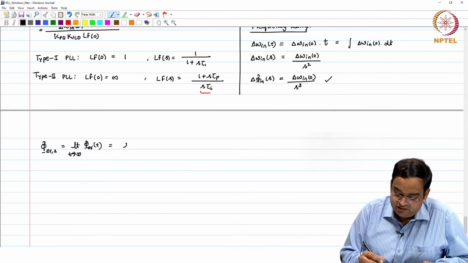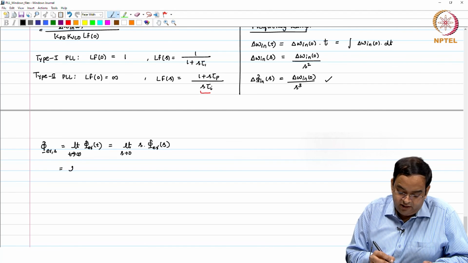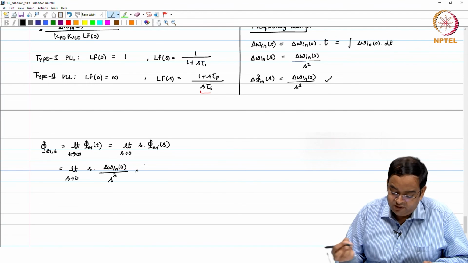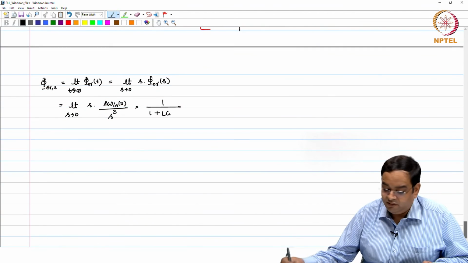This is equal to the limit as S tends to 0, using the final value theorem, of S times phi error of S, which in turn is equal to the limit as S tends to 0 of S times delta omega in 0 by S cube times 1 by 1 plus loop gain, which is what we have been using all the while.